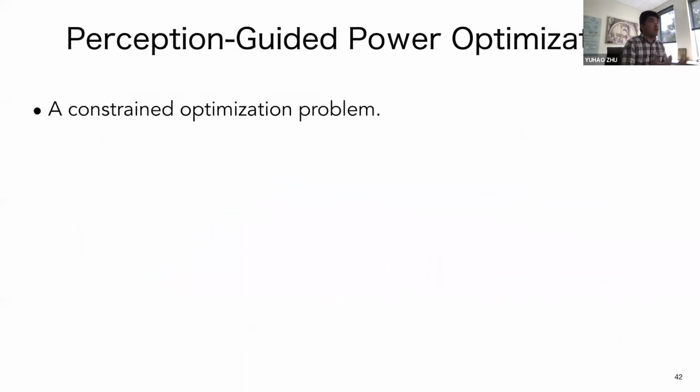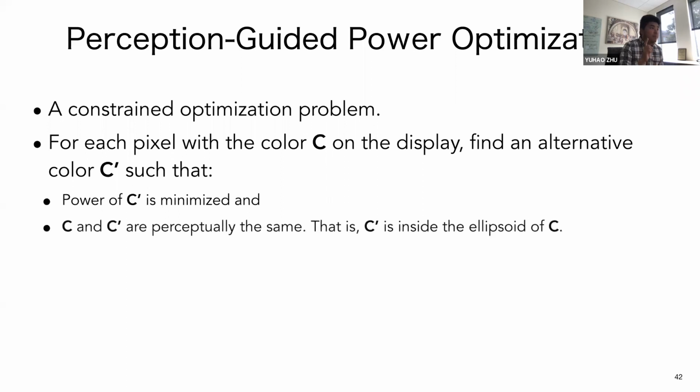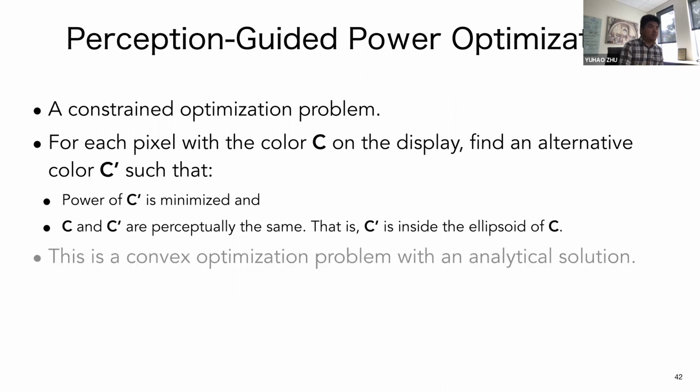So then our goal is, for each pixel with color C, to find an alternative color C prime such that we minimize the power of the alternative color C prime, but guarantee that C and C prime are perceptually the same, which is to say that C prime must be inside the ellipsoid of C. Now, with a simple arrangement, you'll see that this is a convex optimization, and there's actually an analytical solution.